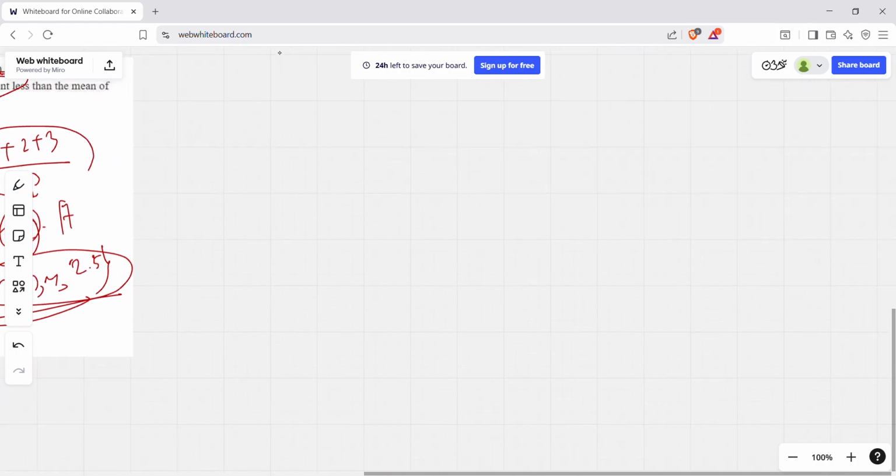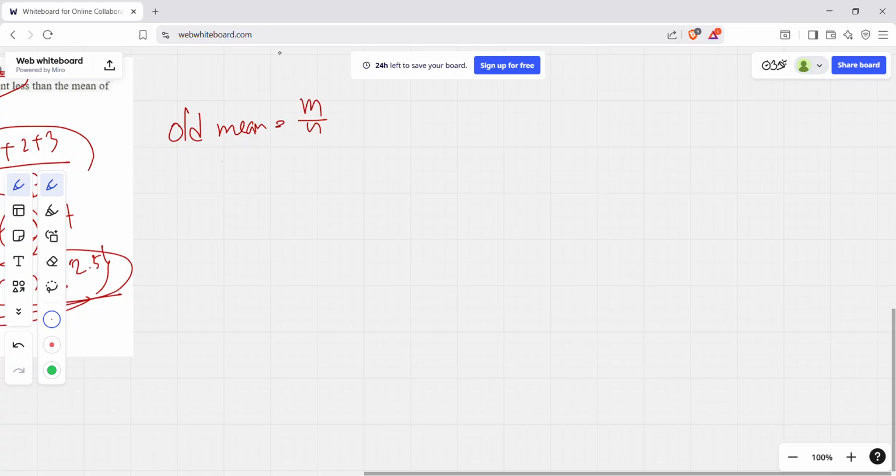First, we can consider the old mean. Let's say the old mean equals m divided by n.